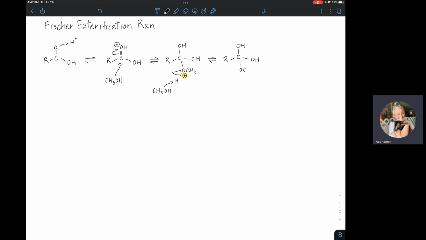Again, recognizing our pattern here. And you have acid laying around in the flask. So just like we did with the ester, and I'll abbreviate the acid just H+, it's probably pulling the proton off of the protonated methanol. And you'll end up with tetrahedral intermediate number 3, which is protonated.